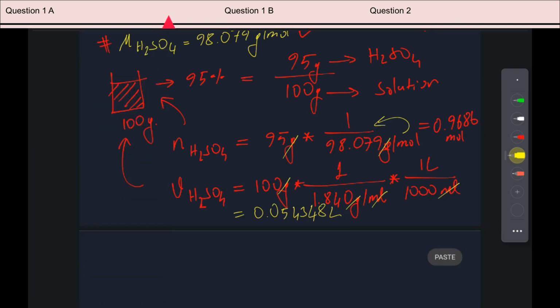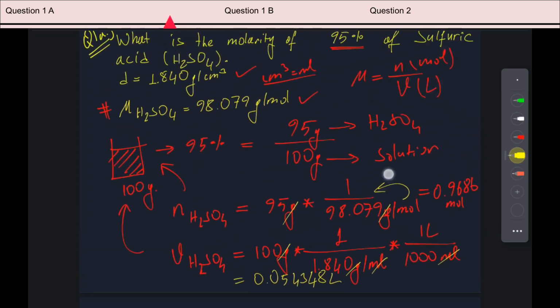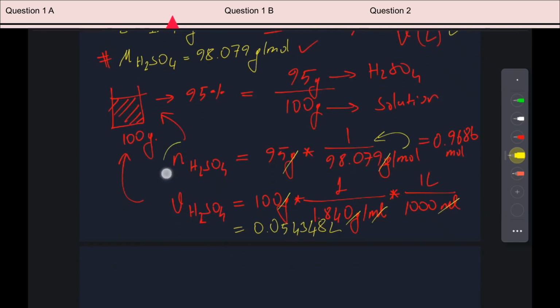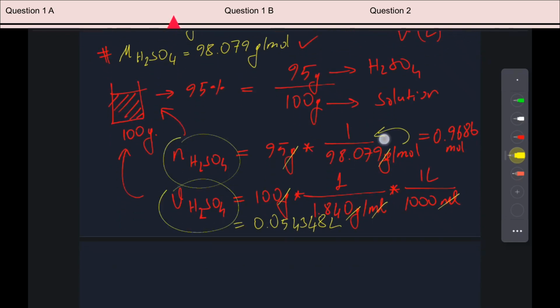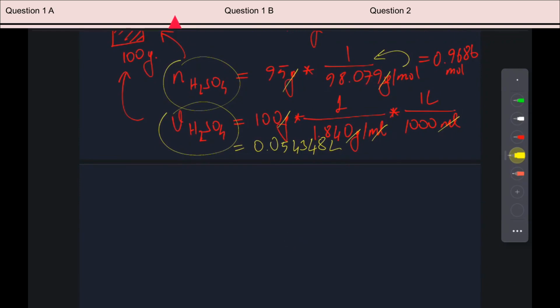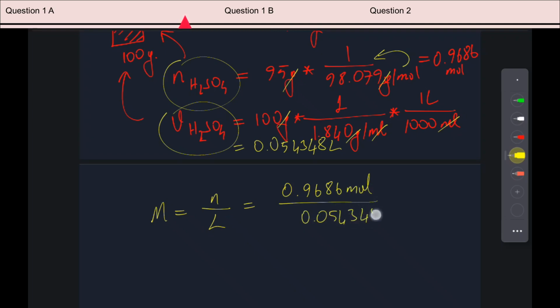So I know the volume and I know the mole right now. Molarity equals mole over liter. We have 0.9686 mole, and the total volume is 0.054348 liters.